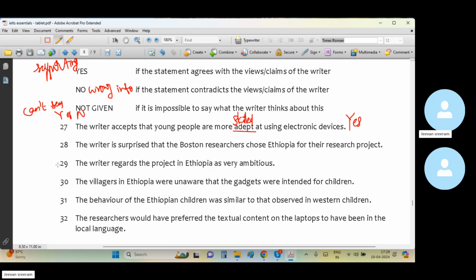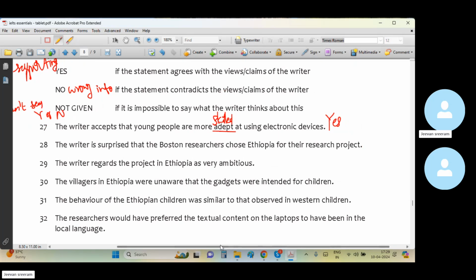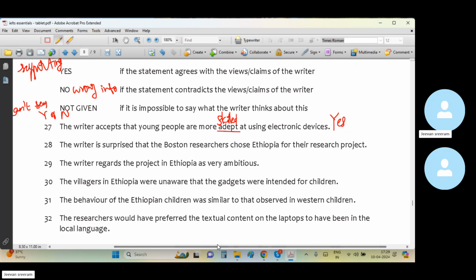Second one. The writer is surprised that the Boston researchers chose Ethiopia for their research project. The statement does not say they are not choosing; the researchers just chose. For this sort of statement, not surprised, not given, there is a word, surprising.